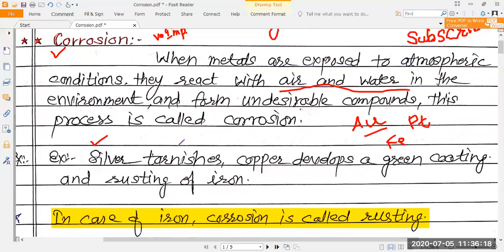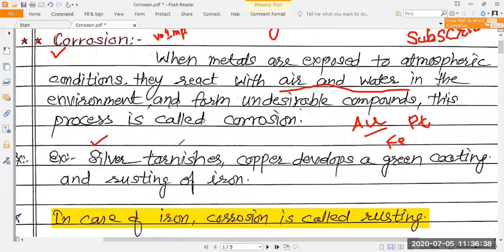It is also a corrosion of copper. Similarly, corrosion of iron means rusting of iron. In case of iron, corrosion is called rusting. So whenever we talk about the corrosion of iron, this means we are talking about the rusting of iron.